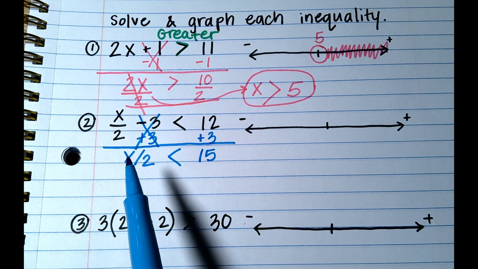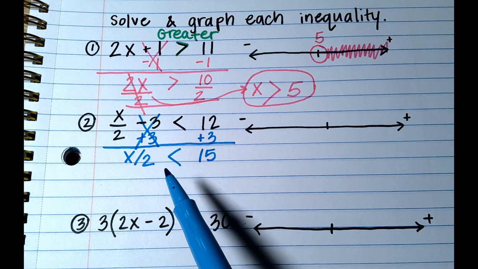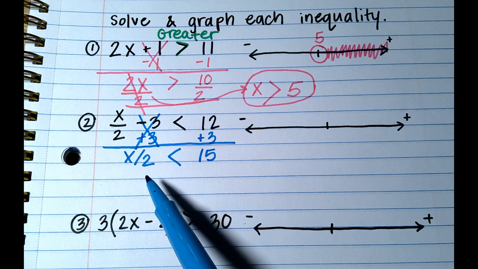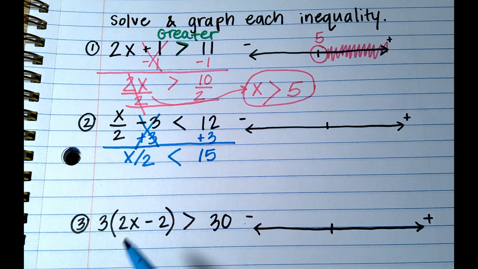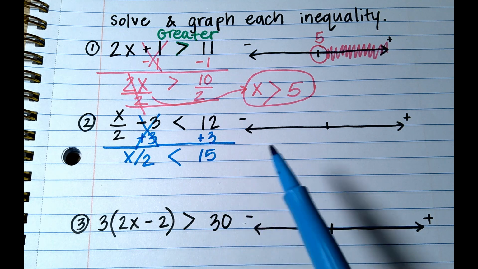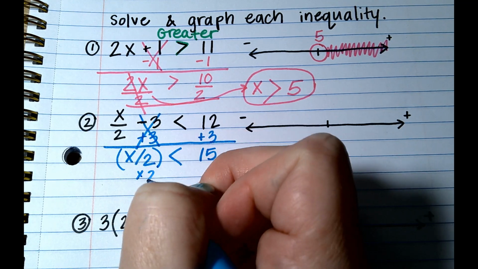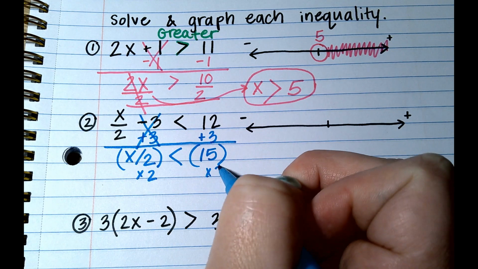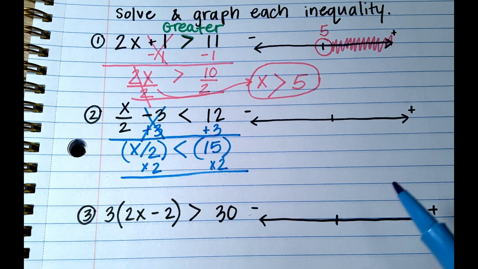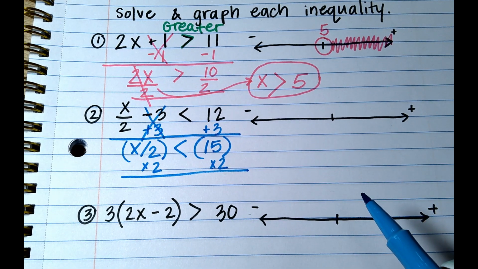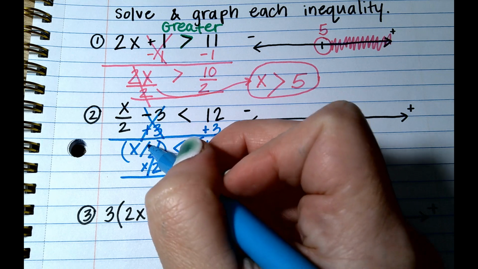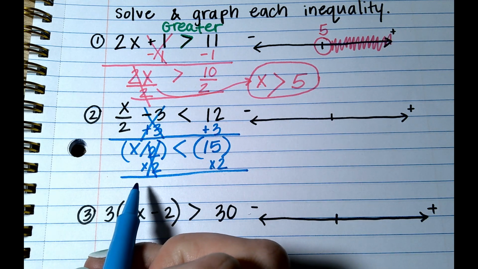So remember, what does x over 2 mean? Divided by 2. Yes. So what would I do now? Multiply. Yes, we're going to multiply by 2 on both sides. And what happens? My 2's are going to cancel out.